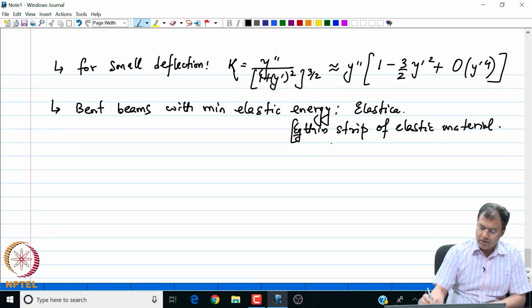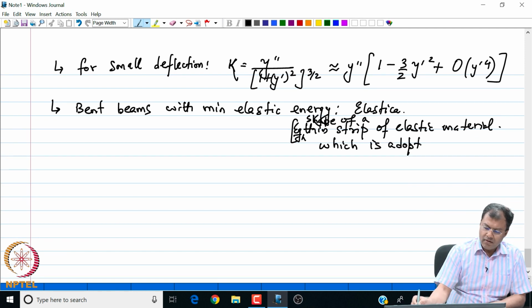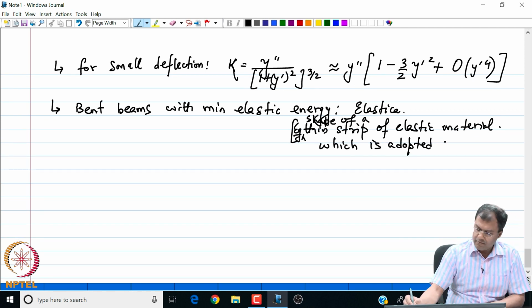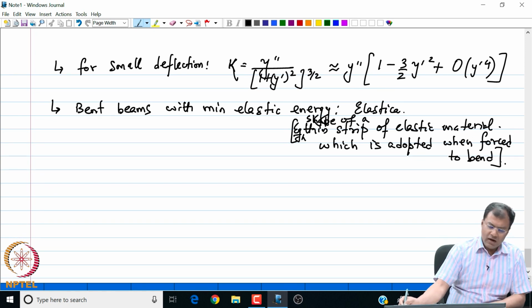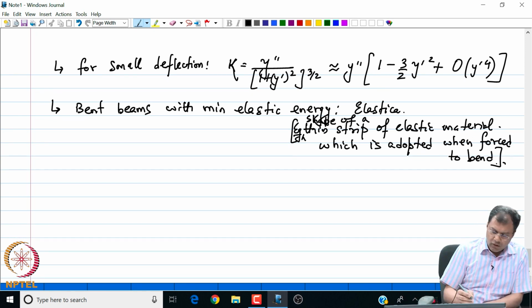Elastica is the shape of a thin strip of elastic material which is adopted when forced to bend. Okay. So we are going to look at two examples of elastica.